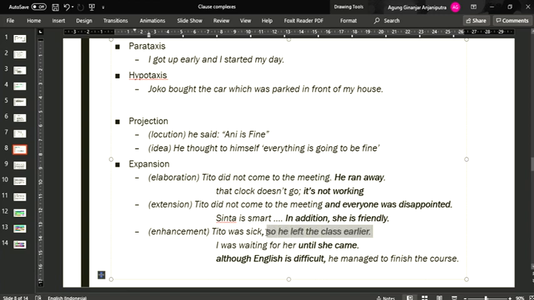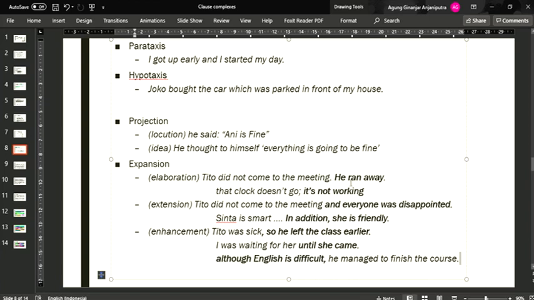So it shows us the cause and effect relationship, like so he left the class earlier is the effect of Tito was sick. The next one, I was waiting for her until she came. It indicates time. And also, although English is difficult, he managed to finish the course. It's concessive.